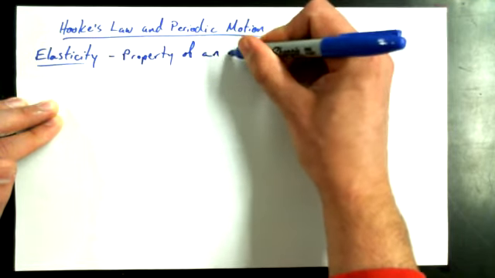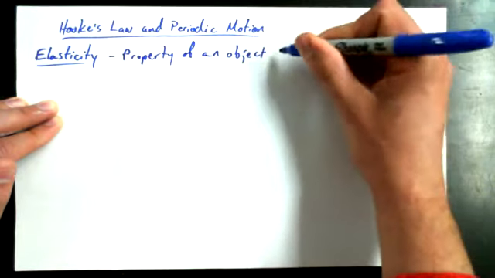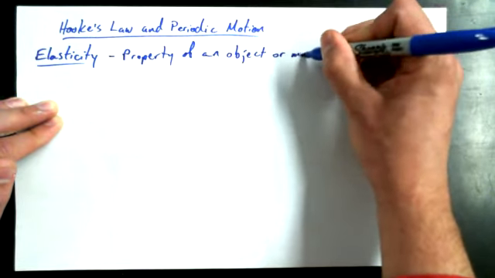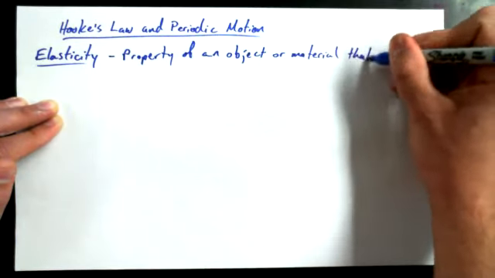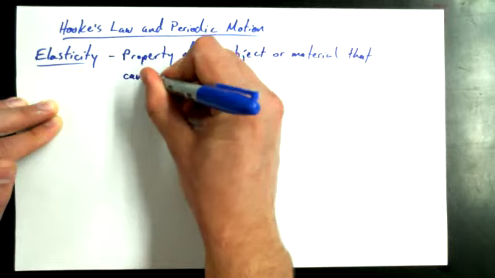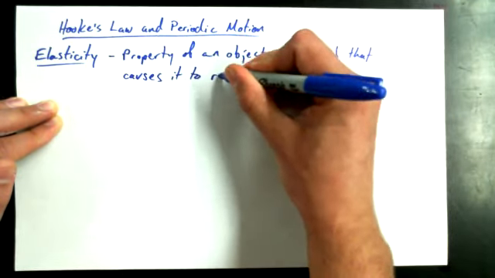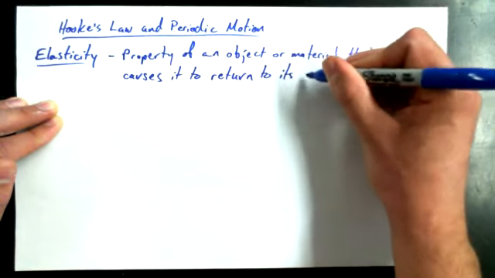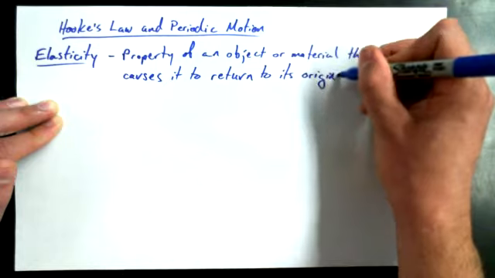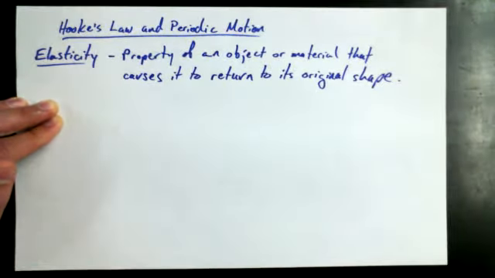Okay, property of an object or material. Okay, so elasticity, not a very technical definition, but I think it makes sense.